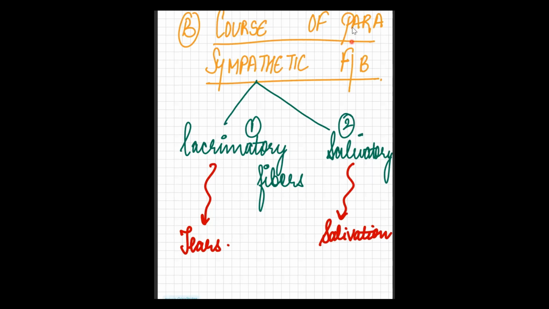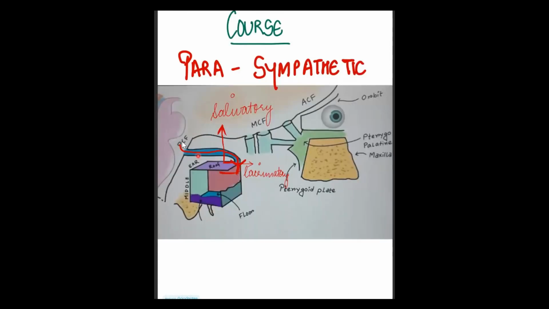Okay, now we talk about the parasympathetic fibers. Parasympathetic fibers are of two types, lacrimatory fibers and salivatory fibers. So what happens is the facial nerve, as usual, comes into the internal auditory canal, and before entering into the middle ear from the geniculate ganglion, the fibers enter inside the geniculate ganglion and reach the middle ear.